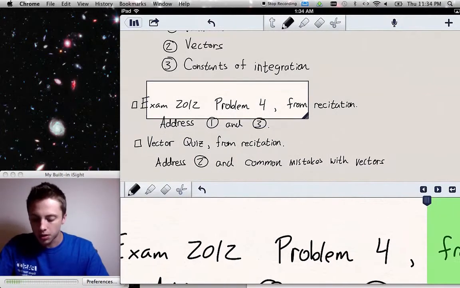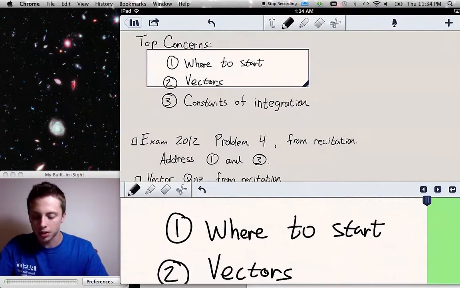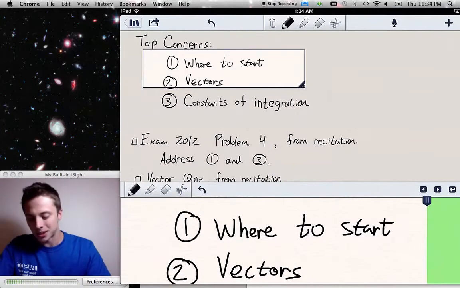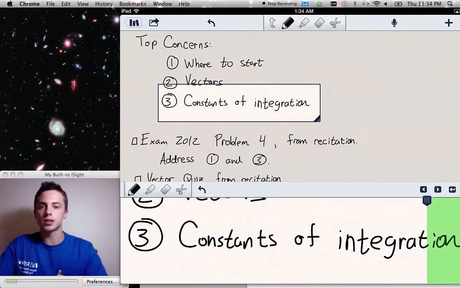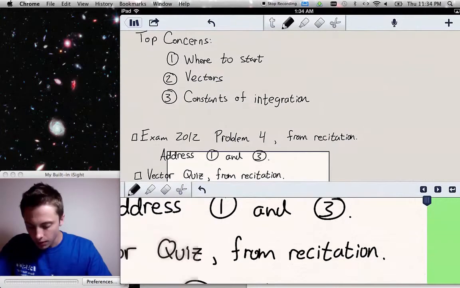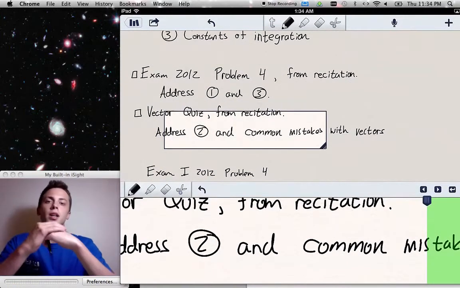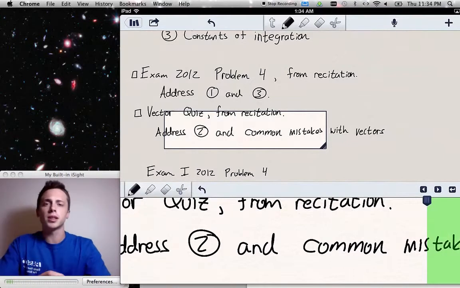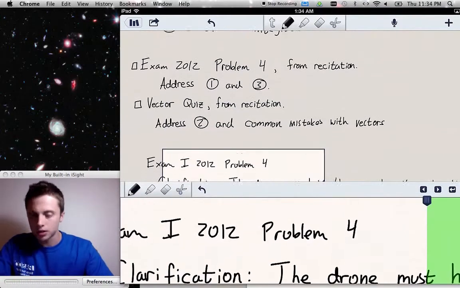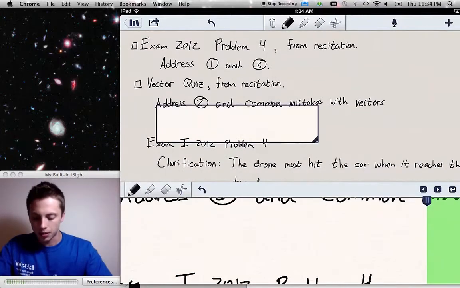With the exam problem, we will address where to start with problems like this and what to do with the constants of integration. Also, in the vector quiz, we will address some misconceptions about vectors and also some more about vectors than what we talked about in recitation.